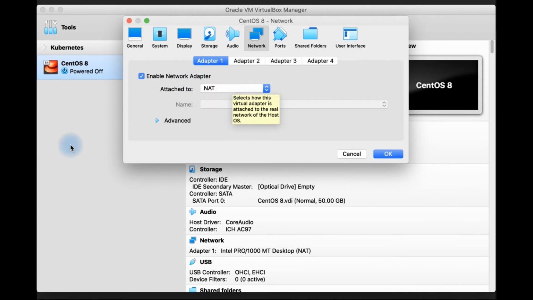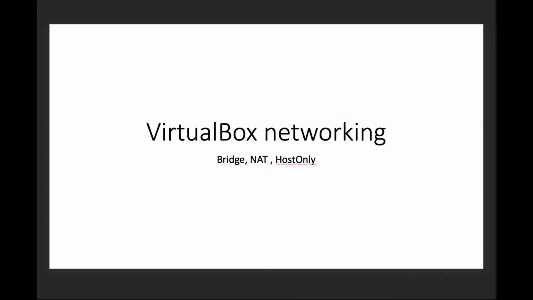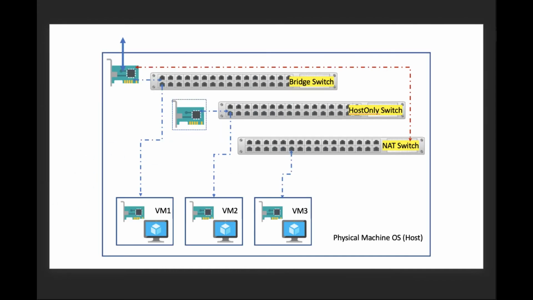So what are these networks? To explain that, we have to go through VirtualBox networking, especially bridge, NAT, and host only. In a physical machine, after you install VirtualBox, you will see a set of virtual networks, and you may not be able to see those, but from the interface you'll be able to see them.